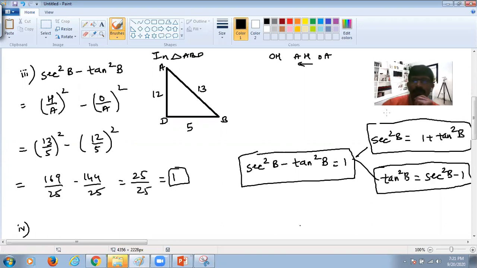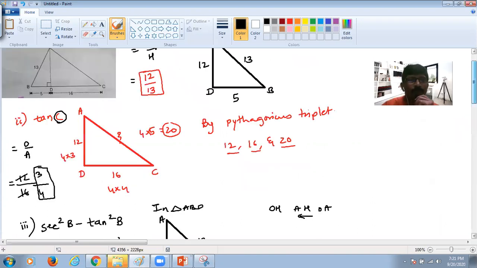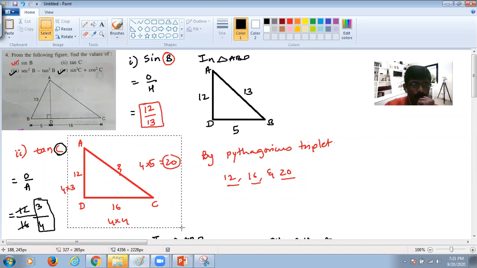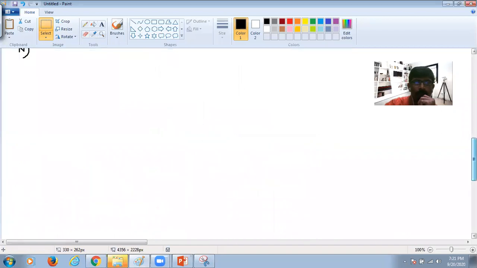Please keep writing along with me, or else once you finish with this particular part, subpart number 4, you can copy paste this. Okay, so what is this subpart for? Sine square c plus cos square c. For angle c, we'll have to refer to this triangle, isn't it? So I'll just select this particular part, copy it, and paste it down so that we can do this easily.